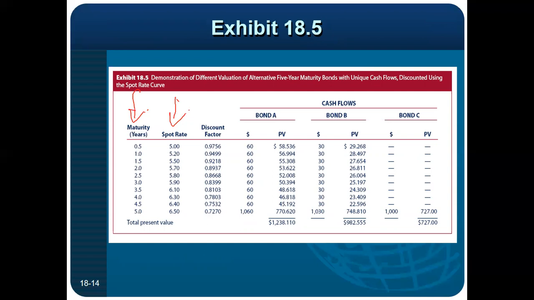For bond A, the coupon payment is 60. For bond B, the coupon payment is 30. And there is no payment for bond C. So these are the present values for each of the bonds.